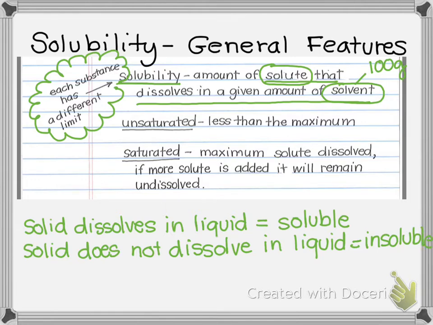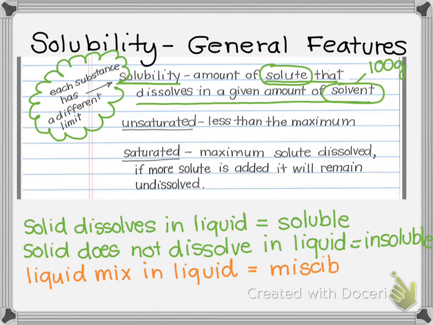Now, we also use words that describe similar ideas, but words that we use specifically when we have liquids. So if a liquid will mix in another liquid, for example, methanol and water will mix, we call that miscible.